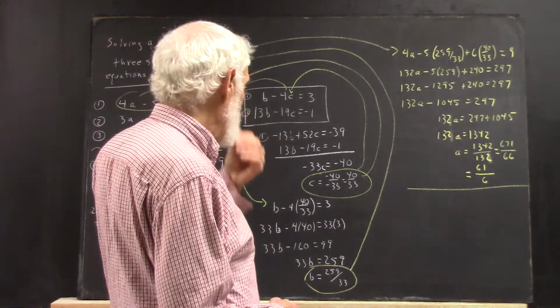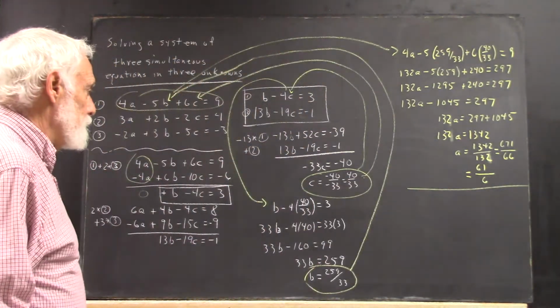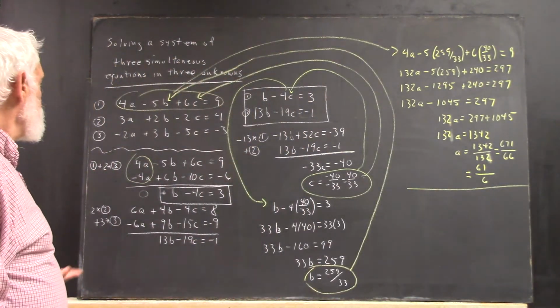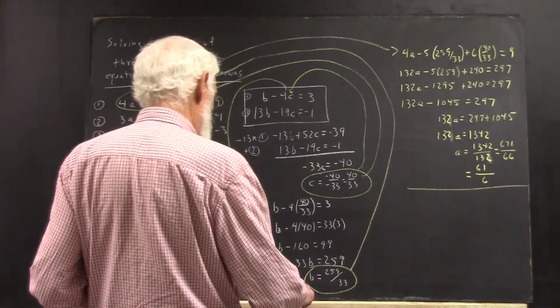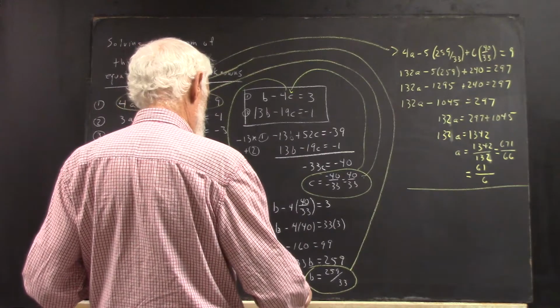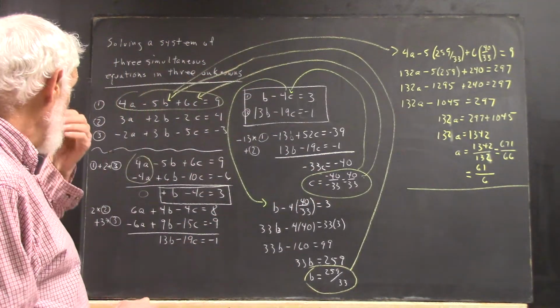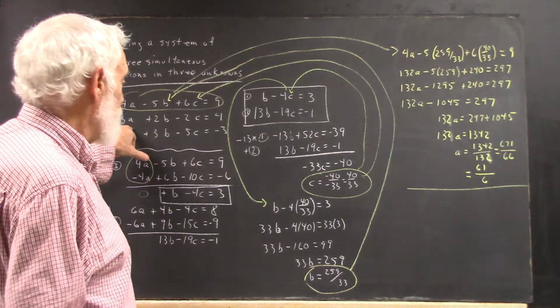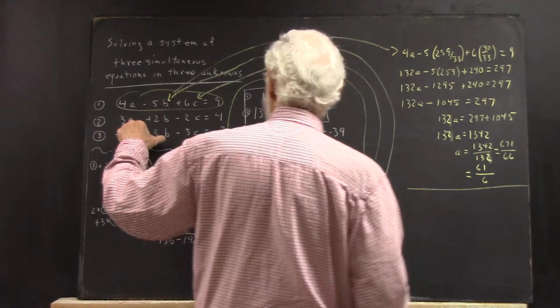Okay, well, okay, now we've got our solution. We need to check it. So let's plug these numbers into the second equation. Now, I'm not going to draw the arrows because the board is getting too complicated with arrows. But I take my second equation, and I'll note that there.